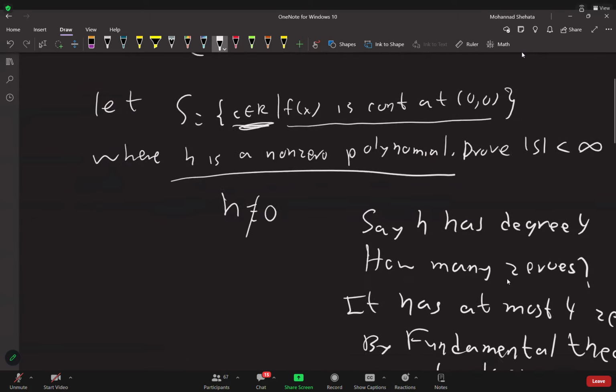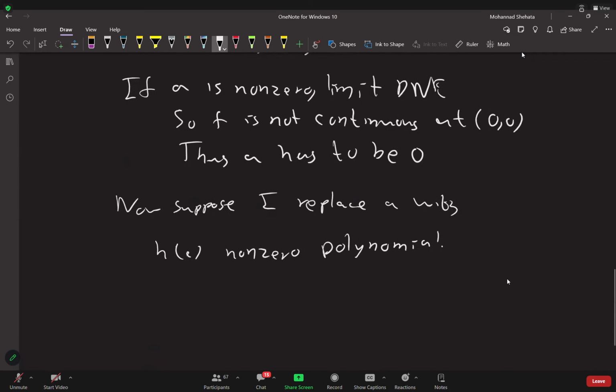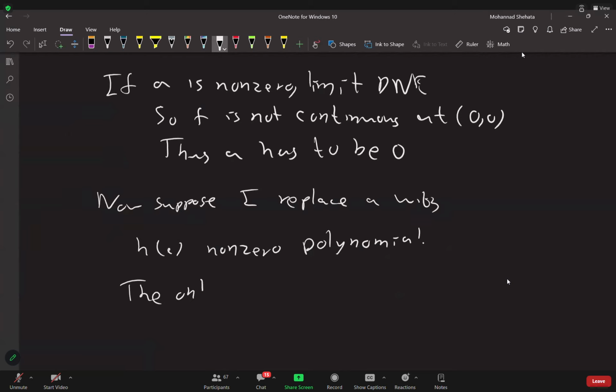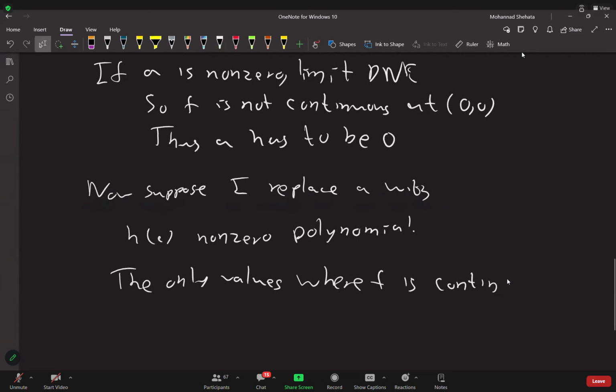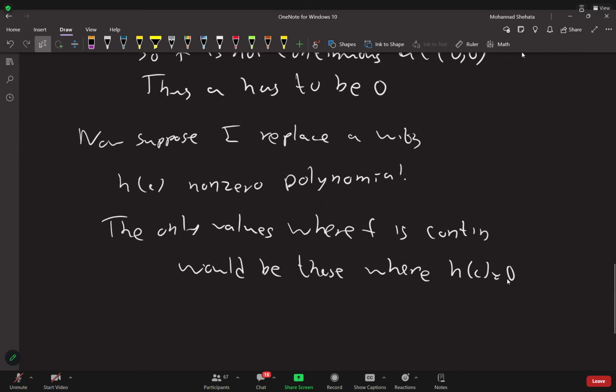It's not no values. We have some values. The only values where f is continuous would be those where h of c is equal to 0. But if h of c is a non-zero polynomial, how many roots do I have?